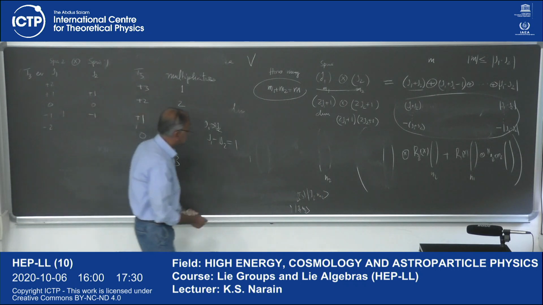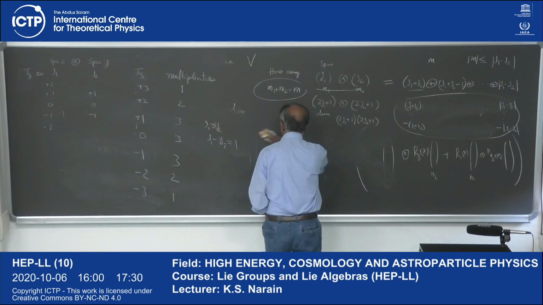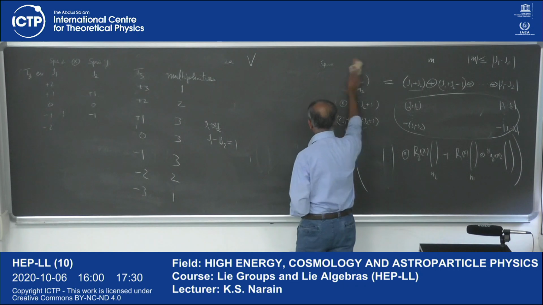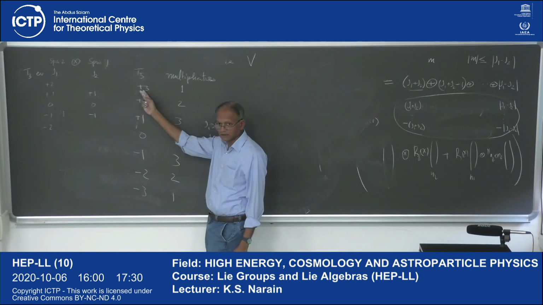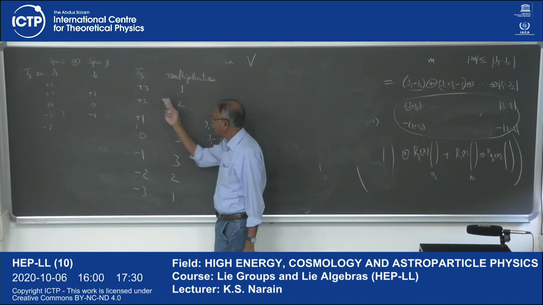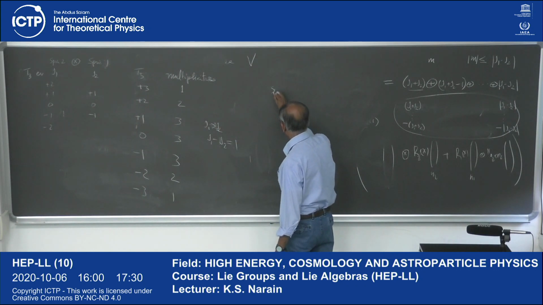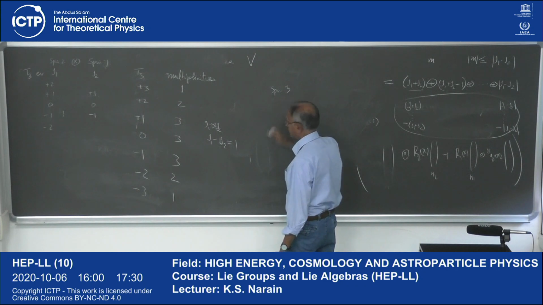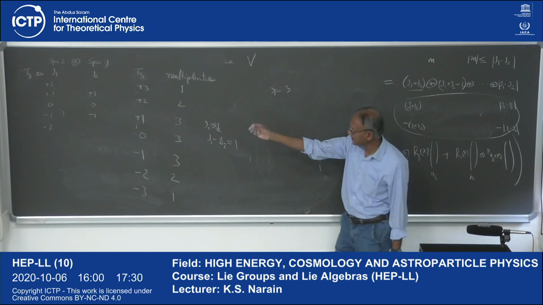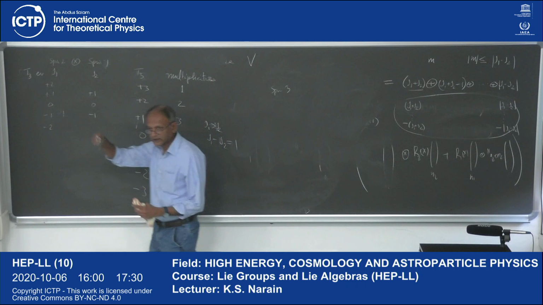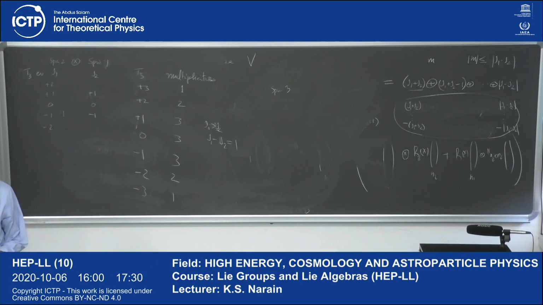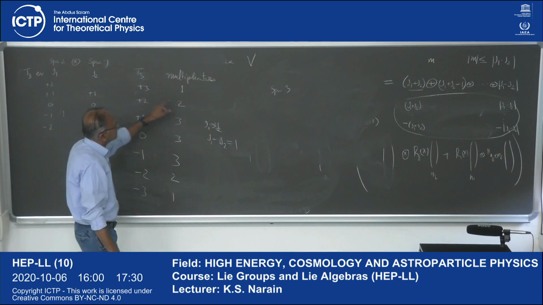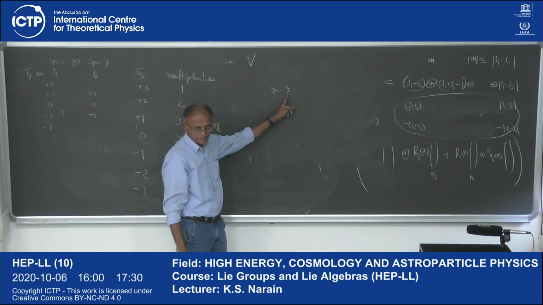Now you can see how the representation is splitting. First of all, I know the highest weight in the product representation: the highest T3 quantum number is plus 3. So there has to be a spin 3 representation. That's the highest weight, where n equals j. So this j is 3, and that's spin 3.